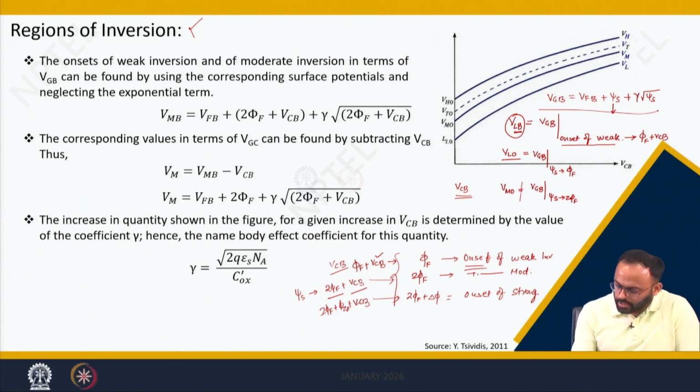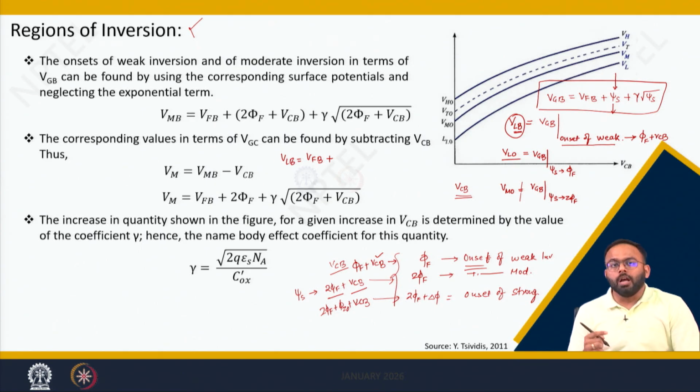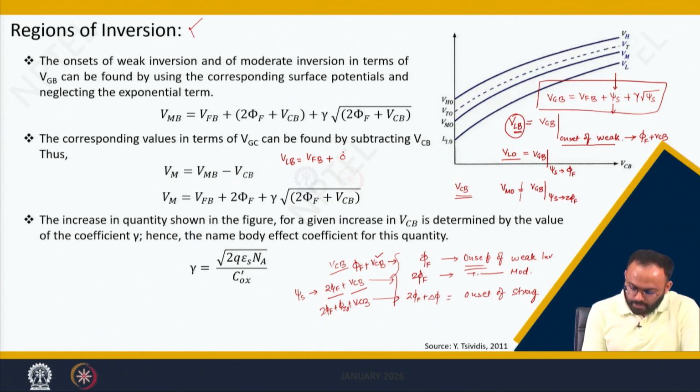Let's use this equation to calculate VLB. So VLB would be the flat band voltage plus psi s. Now when VCB is applied, phi F plus VCB is the onset of weak inversion. So the surface potential should be phi F plus VCB, plus gamma times the square root of phi F plus VCB.